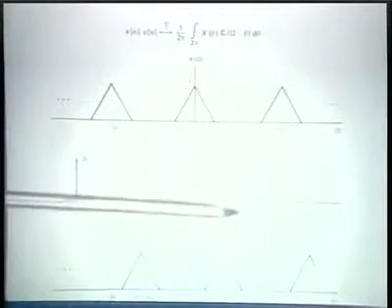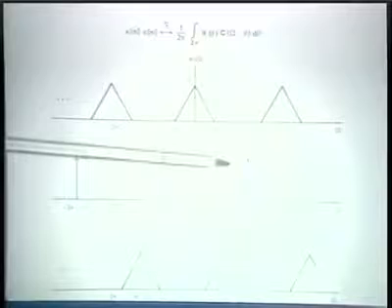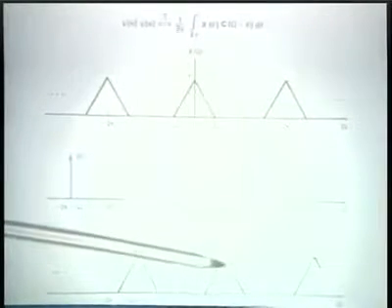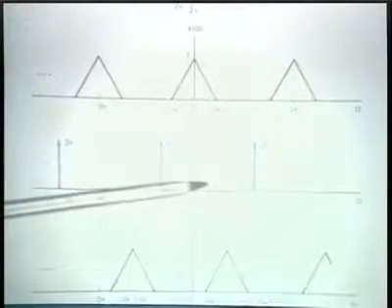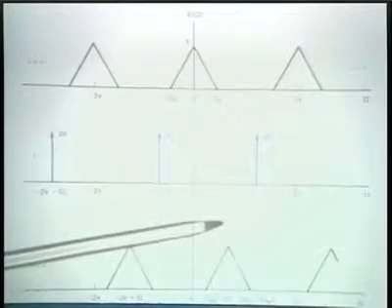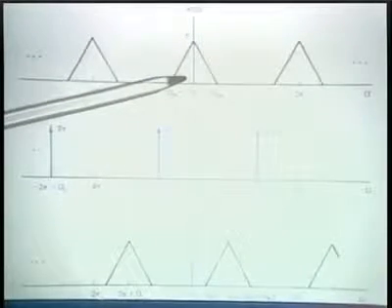And the result of multiplying y of n by that new carrier in the frequency domain is a convolution of these two, and it's relatively straightforward to verify that if you convolve these with a periodic convolution, then that will get us back to the original spectrum that we started with.